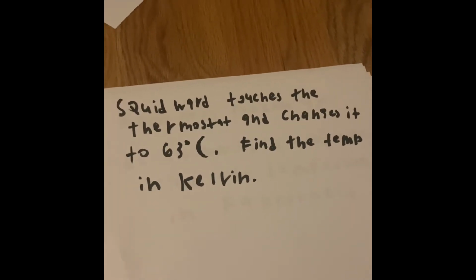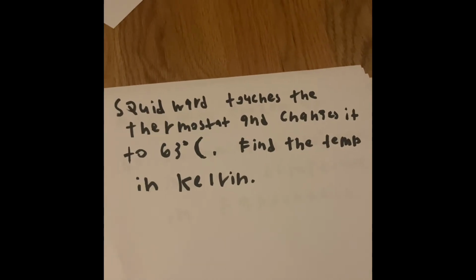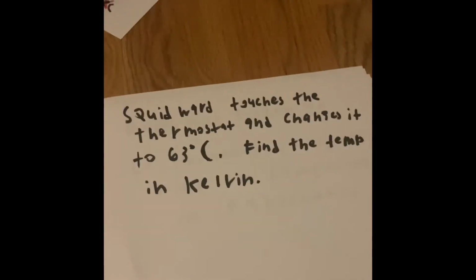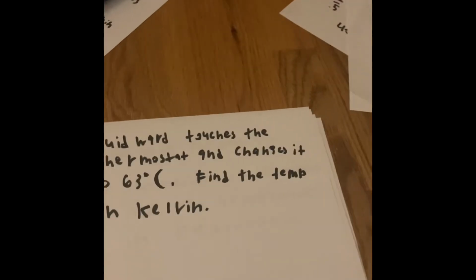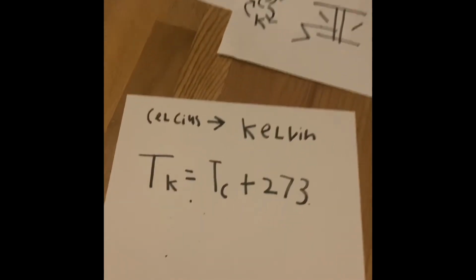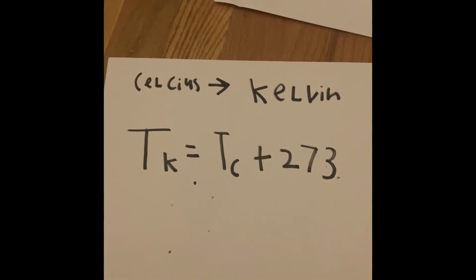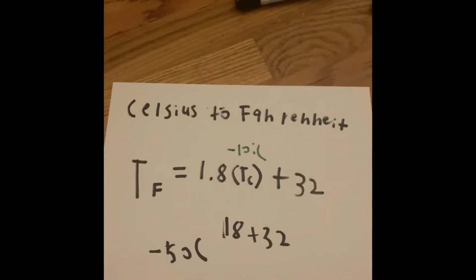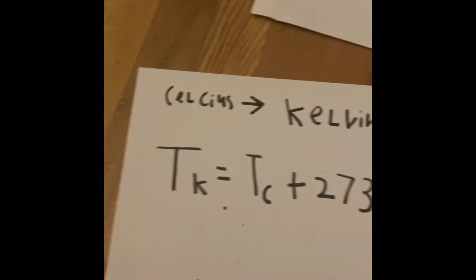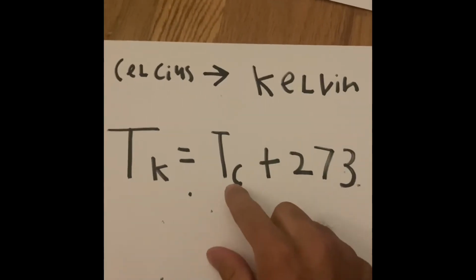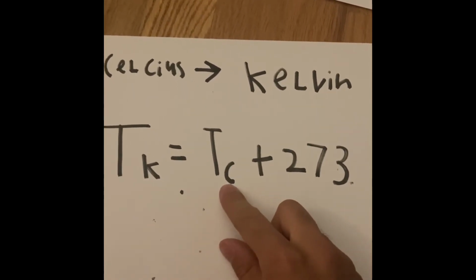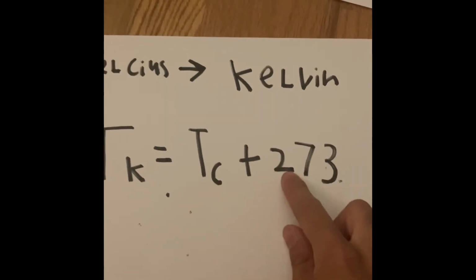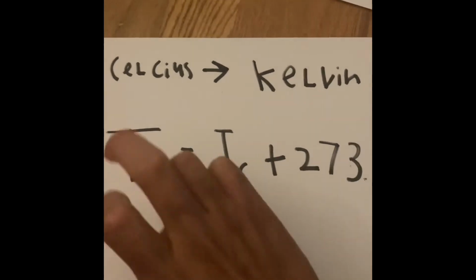Even though this is not physically possible, let's just solve it anyway, just for the laugh of it. So, the formula from Celsius to Kelvin is almost like going from Celsius to Fahrenheit. When you insert your measurement in Celsius, all you gotta do is add 273, and there you go.